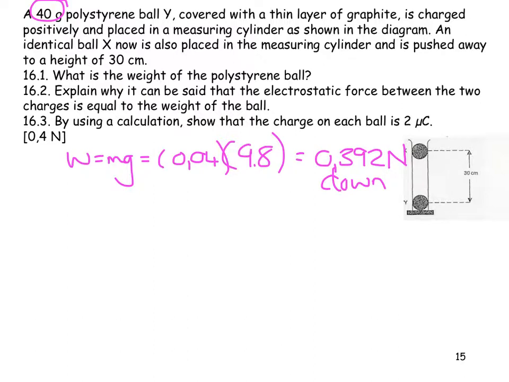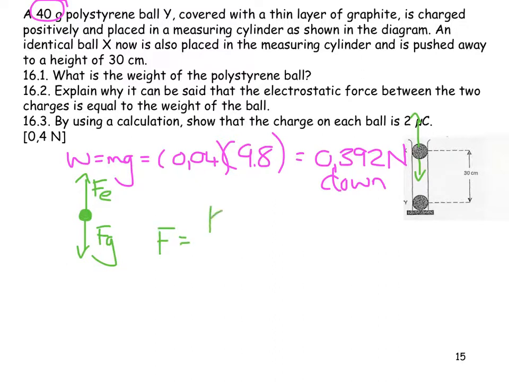Explain why it can be said that the electrostatic force between the two charges is equal to the weight of the ball. Because this is being held stationary, we can say that the downward force of gravity, gravitational force, is exactly equal to the electrostatic force on this guy, keeping it in balance. And by using a calculation, show that the charge on each ball is now 2 microcoulombs. I know the force.